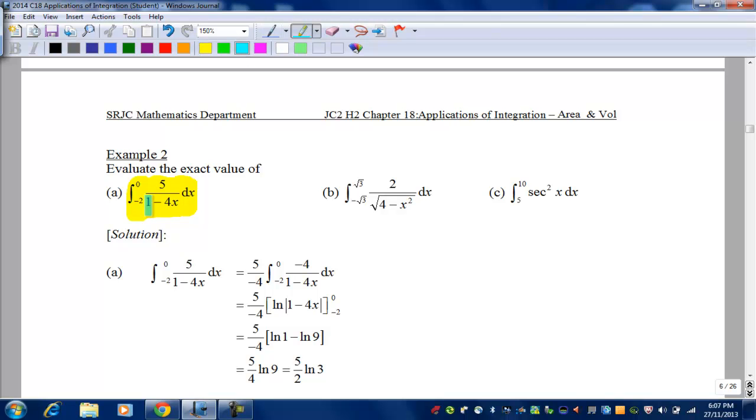So do a quick check, you realize that the denominator is of degree 1 and the numerator is of degree 0.